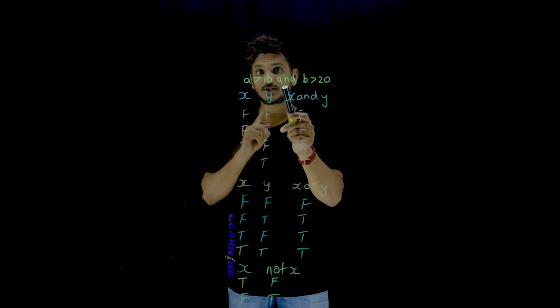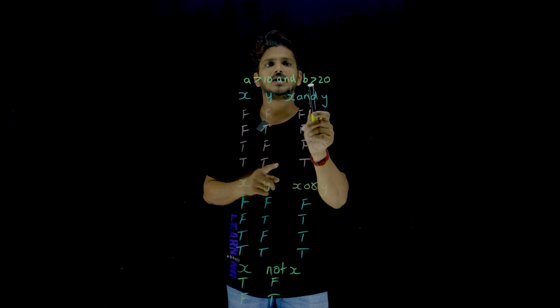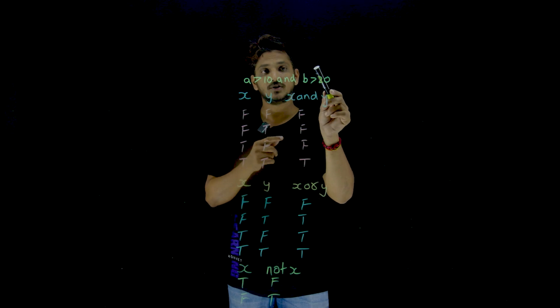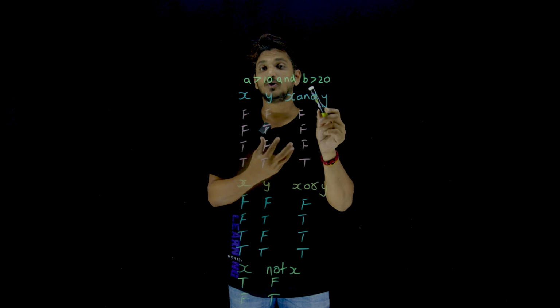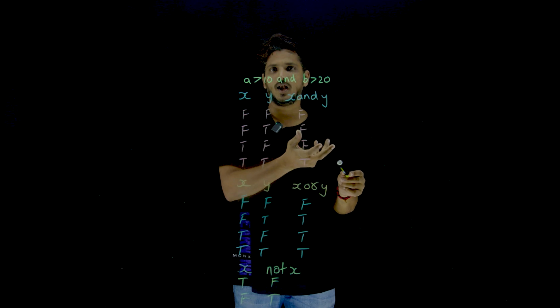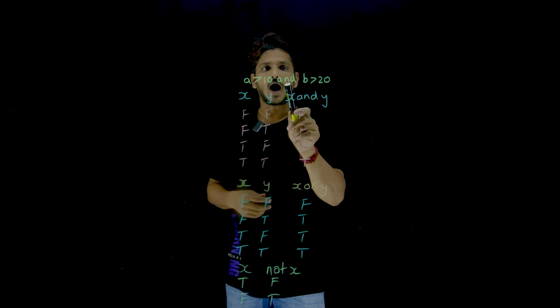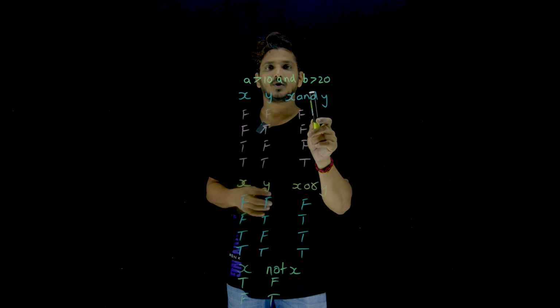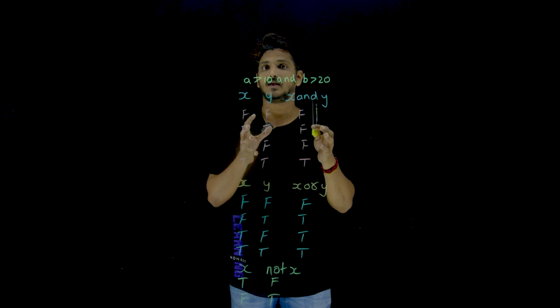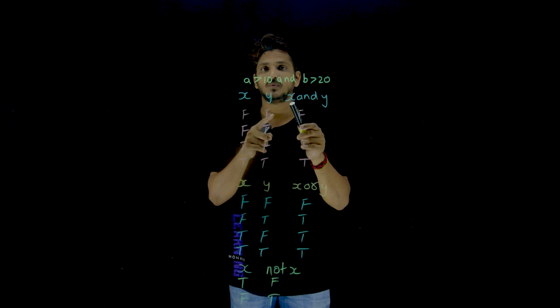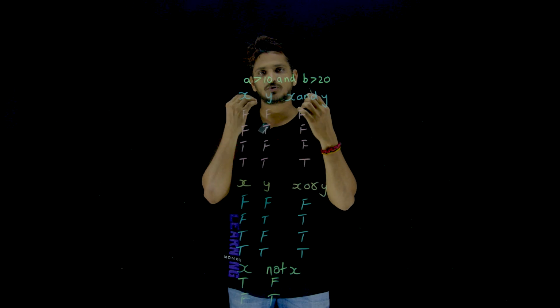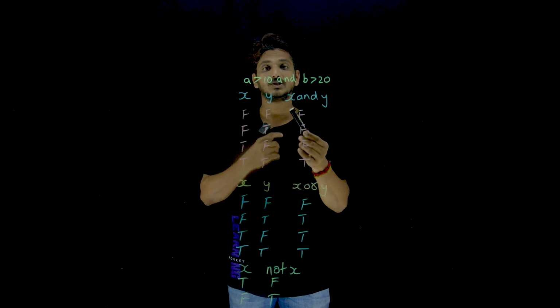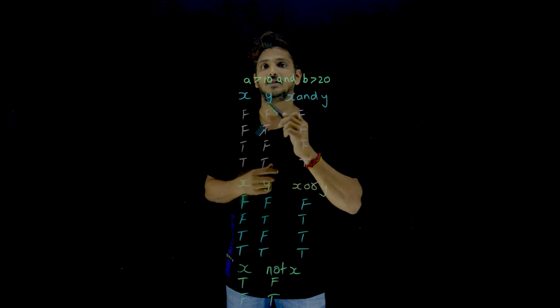And this is a logical operator. B greater than 20, if this condition is true, this condition is going to give you a true value as output. True value and true value, logical and. If both are true, then this entire expression should return a true value. That is what this logical and means.